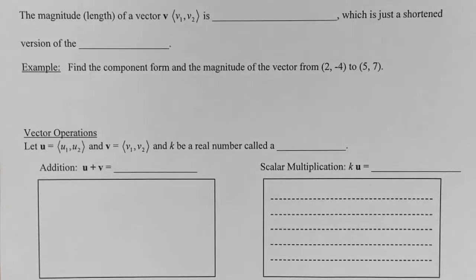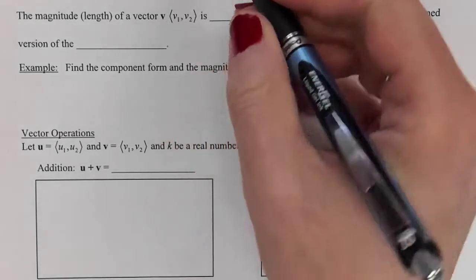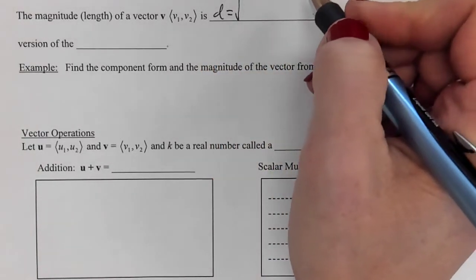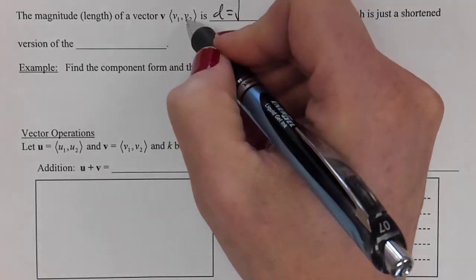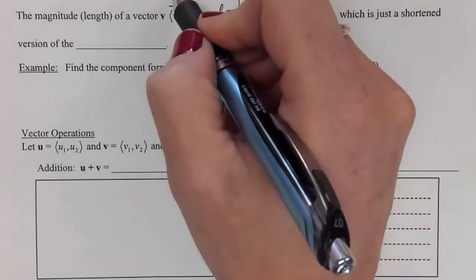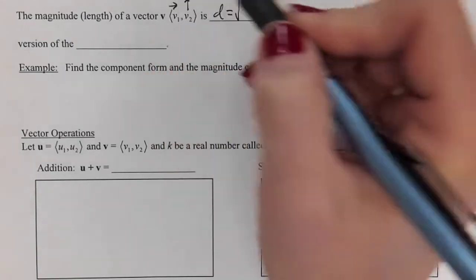The magnitude or length of a vector, once you already have it in component form, you can kind of shorten up the distance formula a little bit because you've got it down to just these 2 values. So you know how far over and how far up. What you're essentially doing is Pythagorean's theorem. You know the over and the up, and you're about to find the hypotenuse.